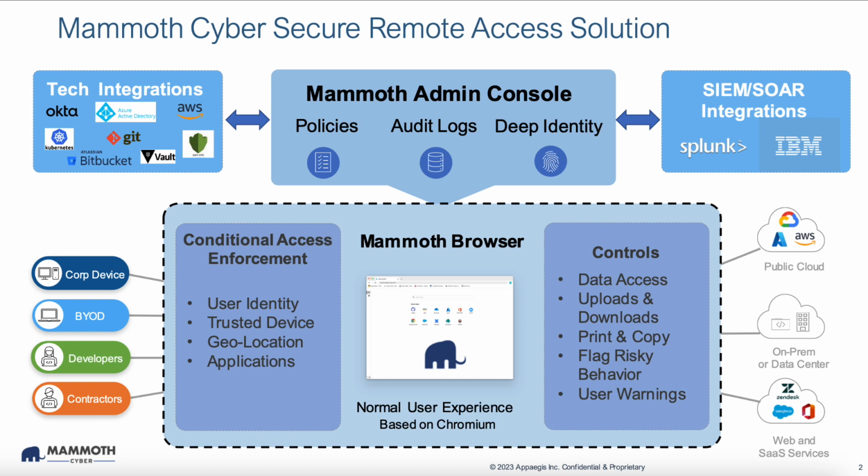In other words, they don't have to toggle between multiple agents. For example, we've heard where customers have to manage one or two or three agents, depending on the applications and the infrastructure that they access. In our case, we tag the resources, whether they're internal or external. And so we remove some of those frictions and needs for the end users to toggle back and forth from one client to the other, depending on the application that they're trying to access.